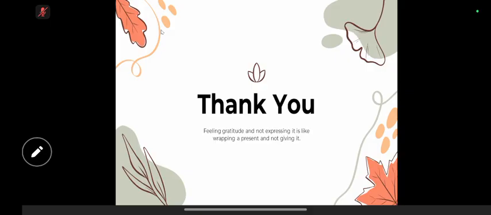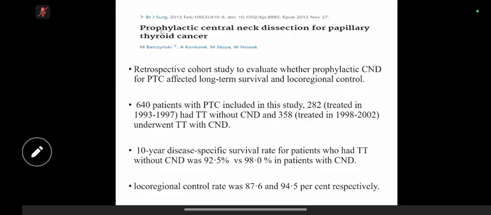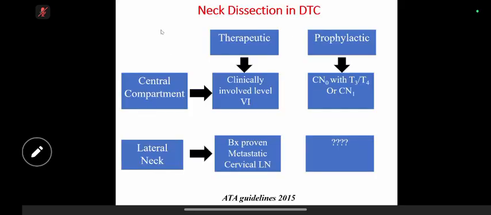I am just asking you about the prophylactic level 6 dissection, in cases where there are no nodes, but still there is an indication of doing it. The patient with adverse features like tumor size, tumor histology, and papillary. When there is suspicion of a medullary component. Yes, of course. In the medullary we do.